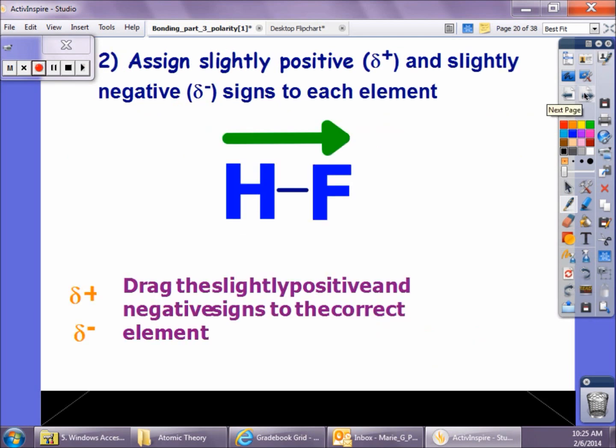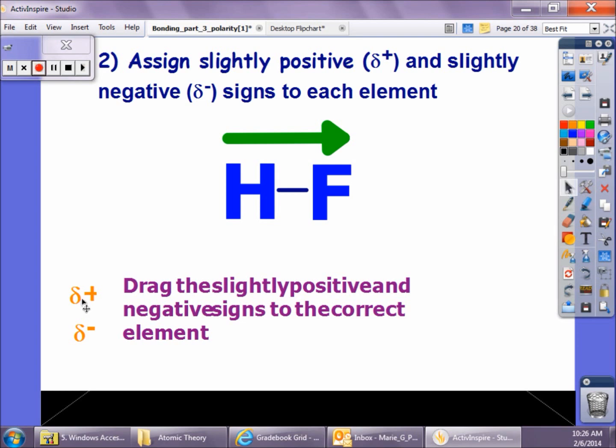Okay, here's the arrow. The second thing you show: assign slightly positive. This is a lowercase delta, a Greek letter. We read it slightly positive and slightly negative sign to each element. Which one is slightly positive? Which one is slightly negative? Slightly positive, hydrogen.